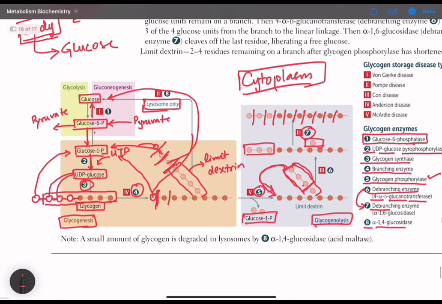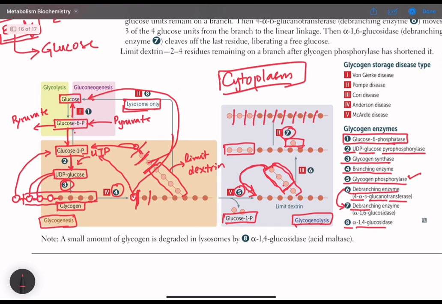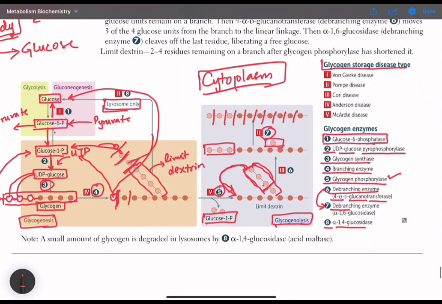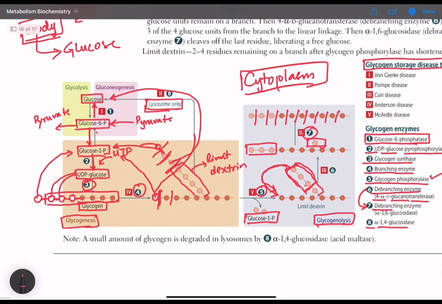Now if there is deficiency of enzymes in this pathway, we have diseases of glycogen. So if glucose 6-phosphatase is absent, we will have Von Gierke disease. If we have the deficiency of alpha 1,4 glucosidase, the lysosomal enzyme, we will have Pompe disease. Then if we have the deficiency of the debranching enzyme, we will have Cori disease, number 3.